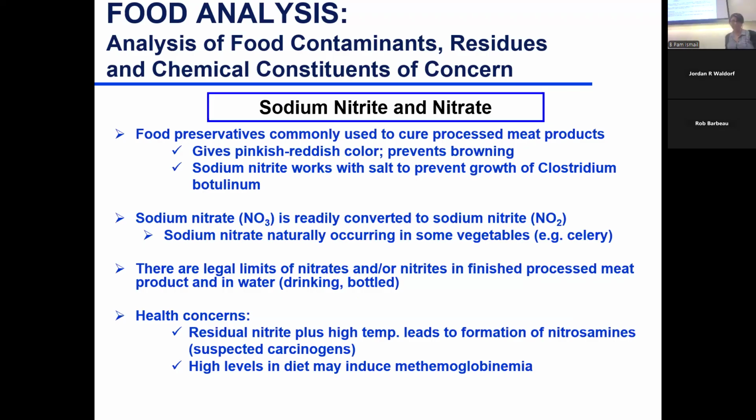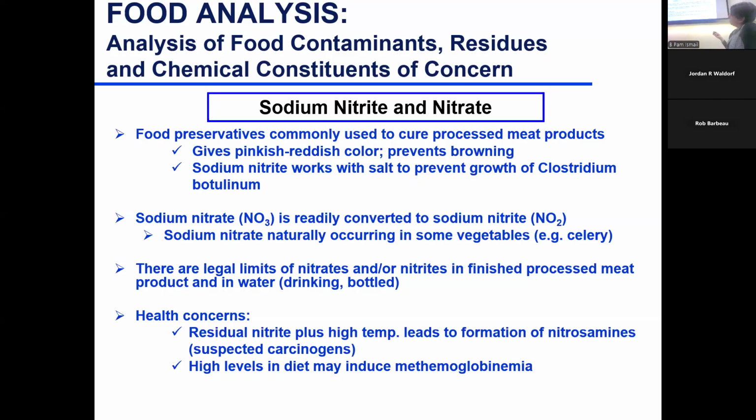Okay, nitrite and nitrate. So they are used as preservatives, mostly to cure processed meat, gives you that color, and it specifically prevents the growth of Clostridium botulinum.